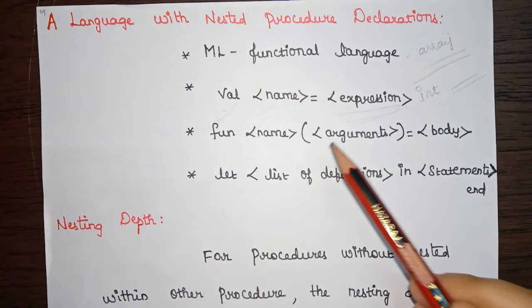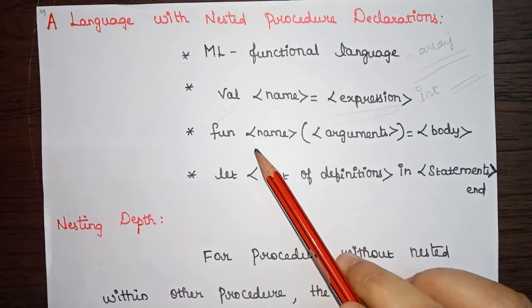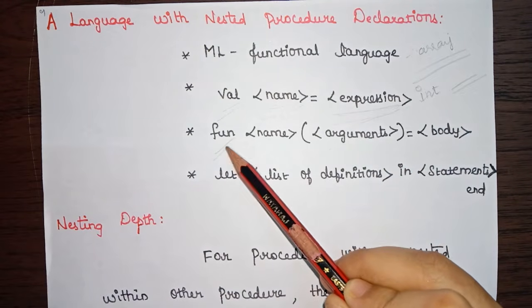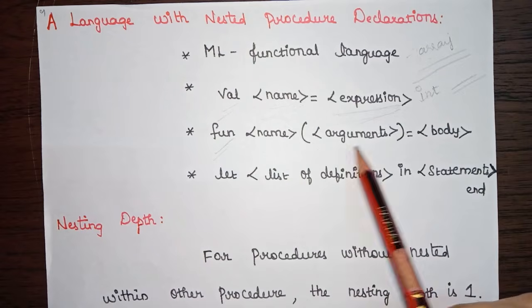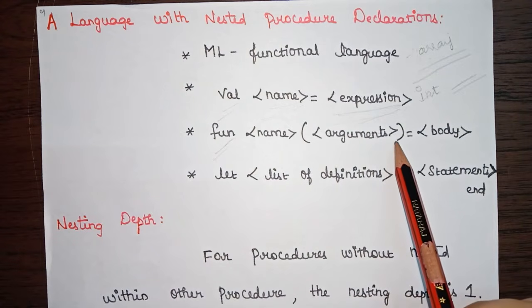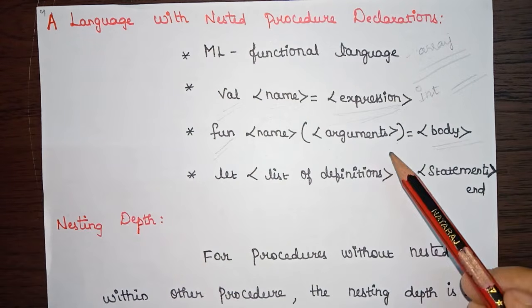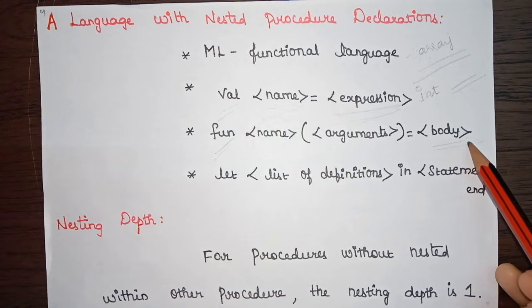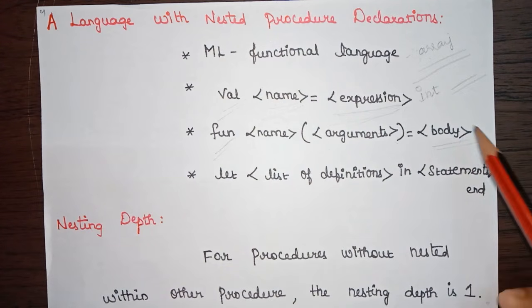Then the third statement is the function definition. We can define a function by this syntax. This is the function, we have the function name here, and these are all the arguments present inside the function. The body of the function is present after this assignment statement. In the function body we can also use let statements.